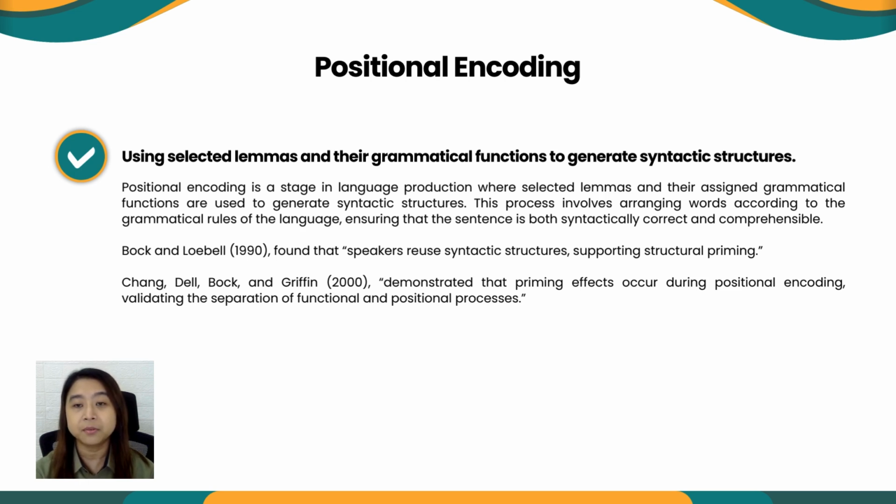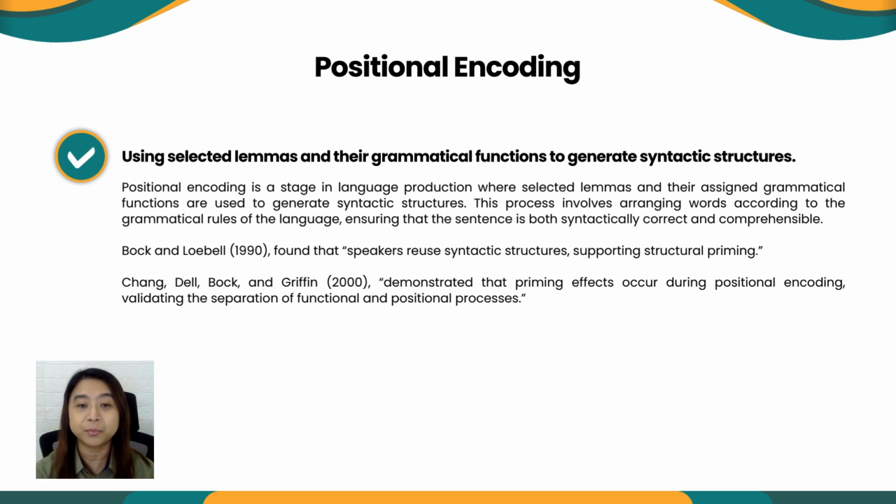This process involves arranging words according to the grammatical rules of the language, ensuring that a sentence is both syntactically correct and comprehensible. Bock and Loebell, 1990, found that speakers represent structure, which supports structural priming. Additionally, Chang, Dell, Bock, and Griffin, 2000, demonstrate that priming effects occur during positional encoding, validating the separation of functional and positional processes.